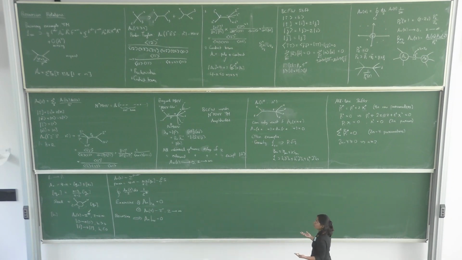If you're looking at a new theory and you don't know what kind of behavior it has, you can start with BCFW, see what the behavior is, try an all-line shift, try a 3-line shift. You can basically play with it to see at what point you can use the symmetry of the amplitude, use the zeros of the amplitude, to subtract those zeros out inside of your recursion relation. Okay, thank you.